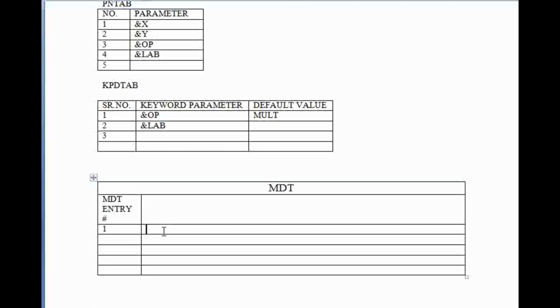So instead of LAB, I will write here (P,#4). After that the statement was MOVER AREG, X. Now X is a parameter in the parameter name table at position 1, so we write (P,#1). Next we increment the pointer by 1.